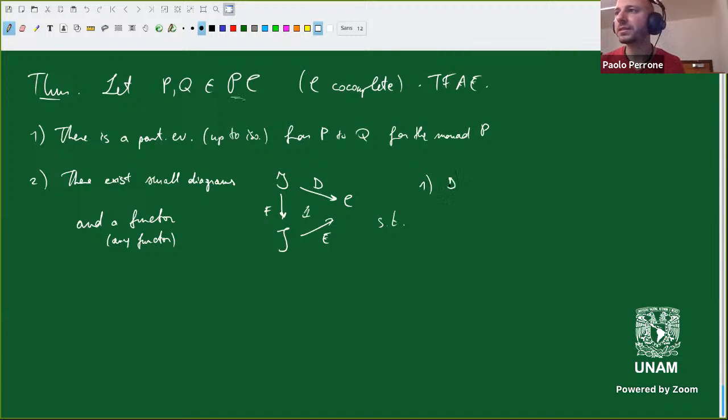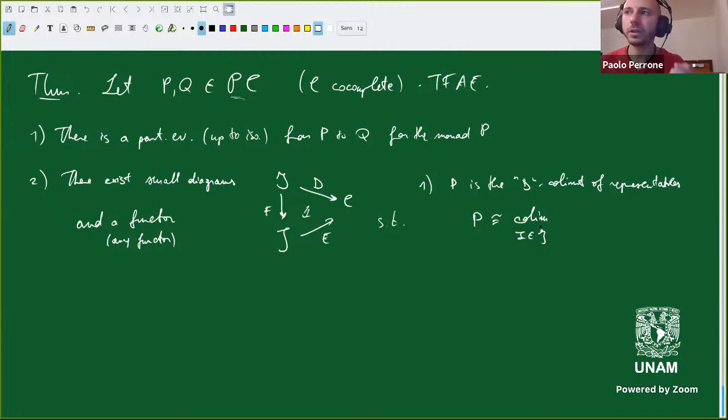Well, P is the D colimit of representables. So that's the equivalent of the image measure in probability. So what I mean is P is not the colimit of D, but the colimit of shape D of representables.